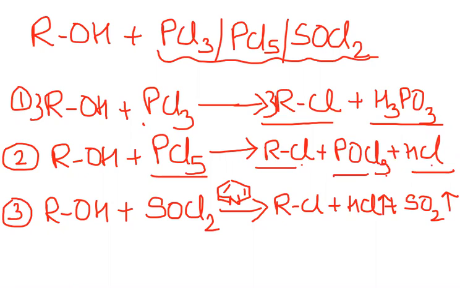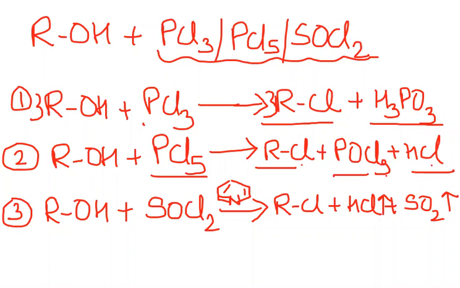Because they are gaseous, the product obtained is all by itself. That is, RCl will be obtained because the other 2 being gaseous will be given out. So we don't have to carry out any further process to remove or separate RCl from other products.